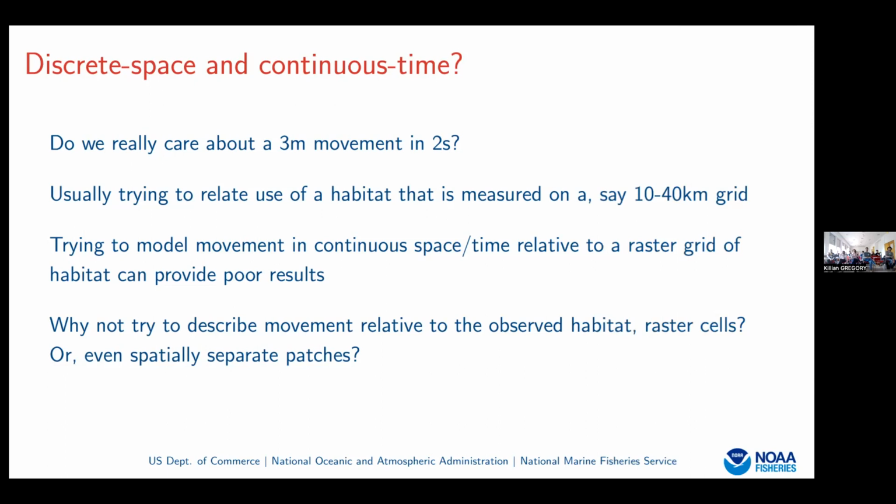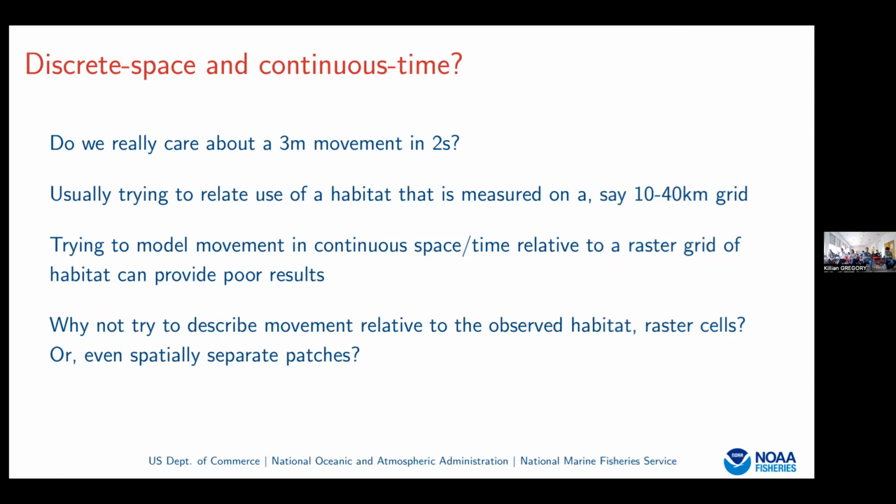Why are we trying to relate this minuscule amount of use when our habitat data is on a 40 kilometer grid? So rather than trying to model the movement in continuous space, let's describe it in terms of those raster cells. How long did I stay in this raster cell? I moved to that raster cell next. Why did I move there? Is the habitat better or something like that? So let's try to describe the movement relative to the habitat that we have.